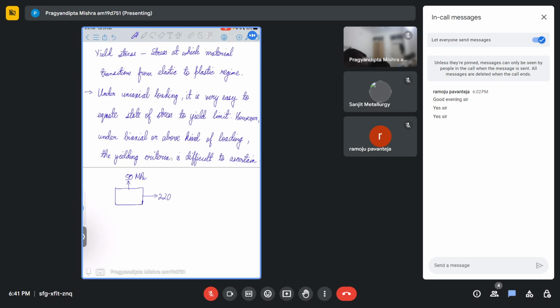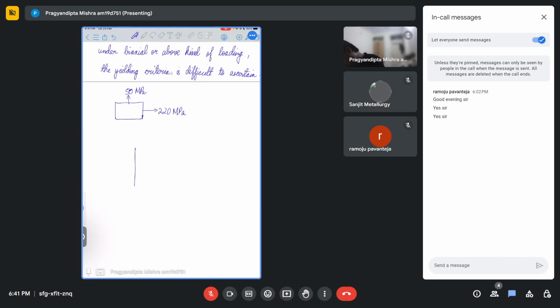Unit does not matter right now, but yeah, and we draw its Mohr circle. Okay, so 220 would be looking something like this. Let's say this is your 220, and then your 50 would be, say, somewhere here.